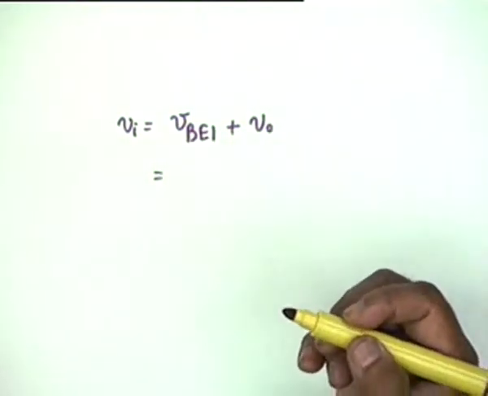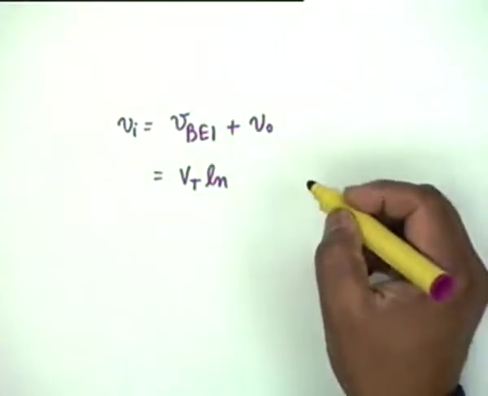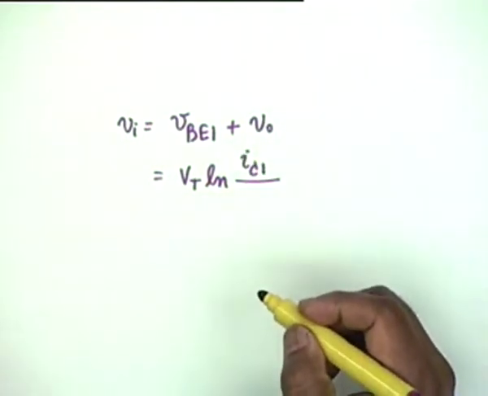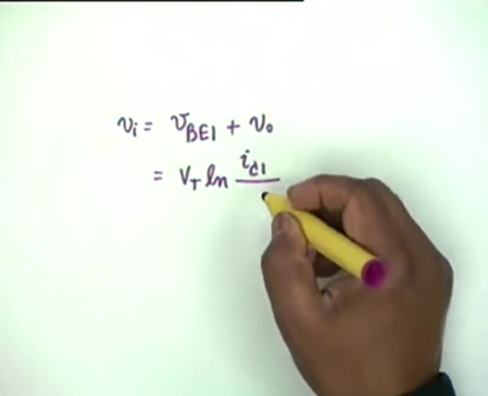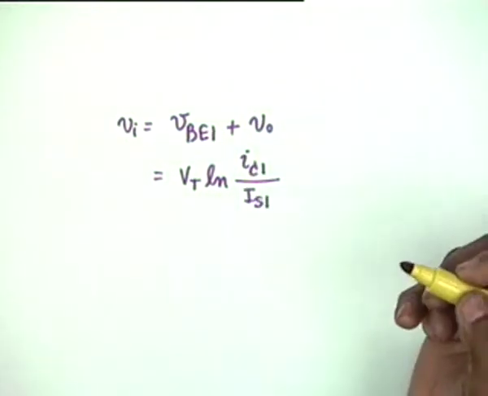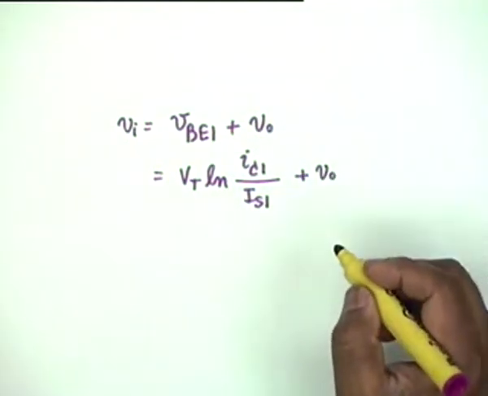If you recall, the current versus base emitter voltage characteristic, vBE1 can be written in terms of i sub C1, and the relationship is that this is VT log of the current iC1. Please be careful about the notation. This is the total current divided by IS1, plus V0.